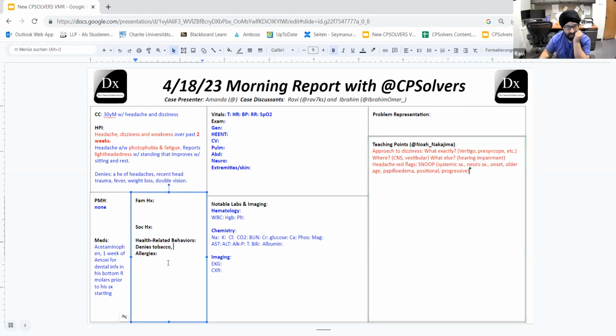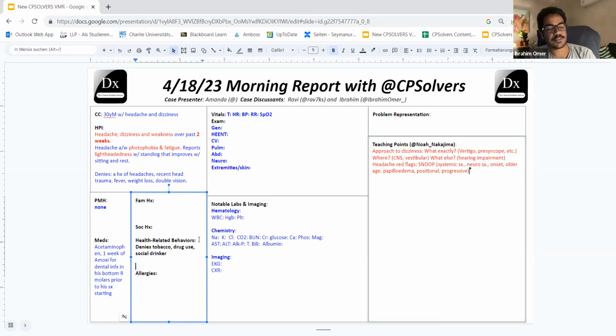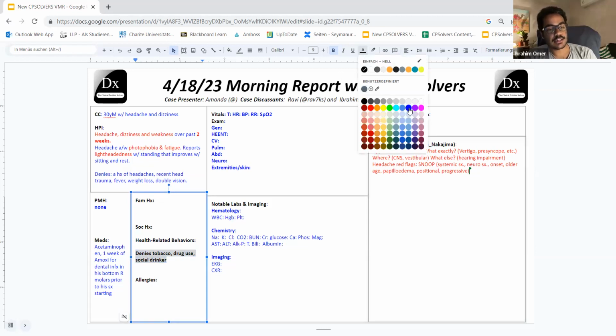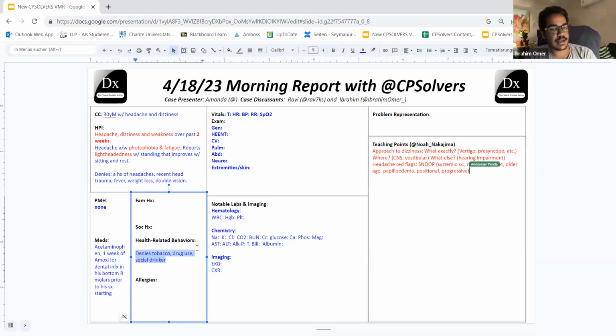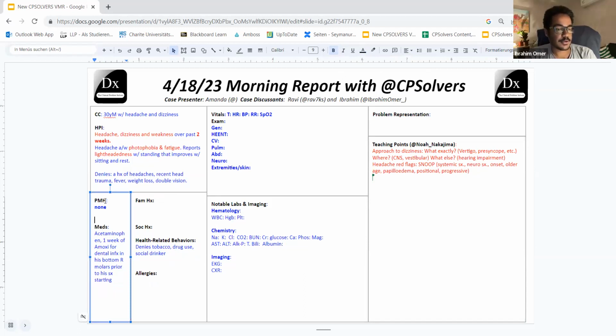What do you think, Ibrahim? Yeah, so I think that they had the dental infection prior to their presentation is probably an alarming feature of the history, that they could have had some kind of ascending infection to their brain. I think this would most likely necessitate a workup, so CT could probably be necessary in this case.